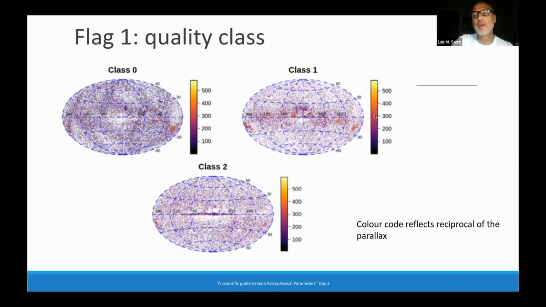Here the color code reflects the reciprocal of the parallax, so it's a proxy for distance. You see these overdensities, which you can imagine correspond to star-forming regions and clusters. And you see an overdensity in the poorest quality class at the galactic plane and near the bulge. I'll come back to this later.